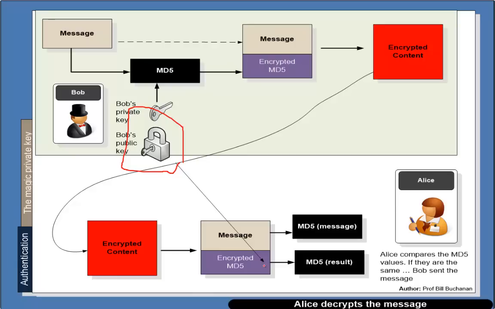She is then able to decrypt the MD5. She does a check of the MD5 of the message, and if the two are the same, then she knows it was Bob who sent the message. Also, she knows that the message hasn't been changed on the way, so it adds a validity to the message that has been sent. So in this way, we can use public key to identify individuals, to verify the message, and also to keep it secret.